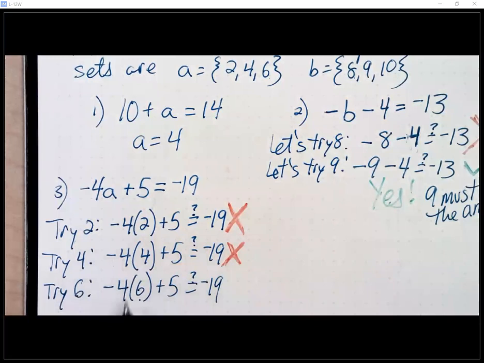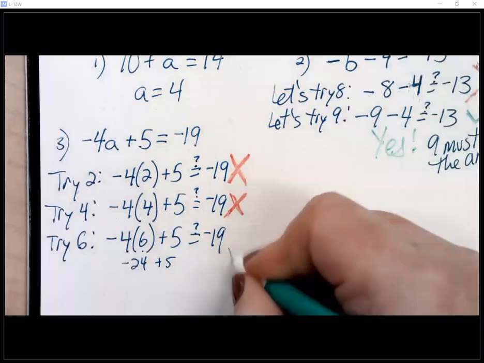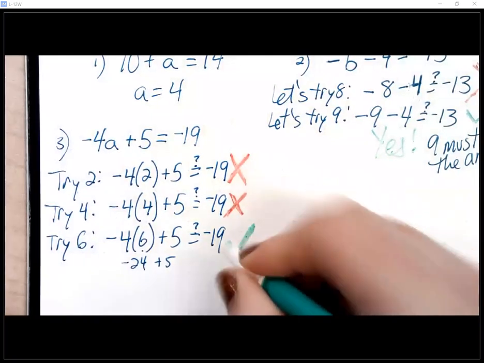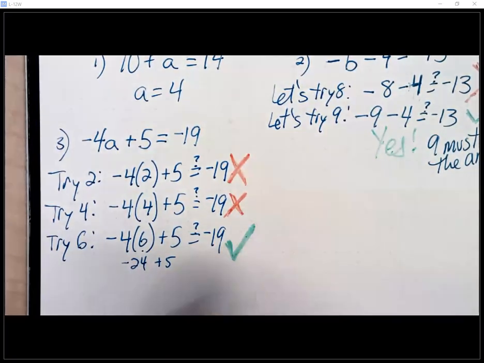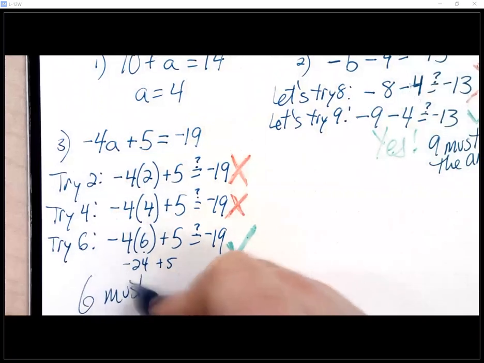Negative, right? -24 plus 5. Is that -19? It is. So yes, we have found our correct answer. Ding, ding, ding. So 6 must be the answer.